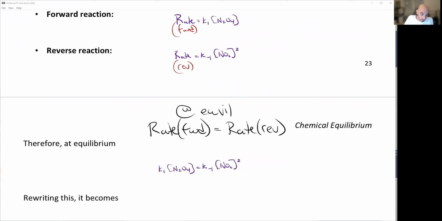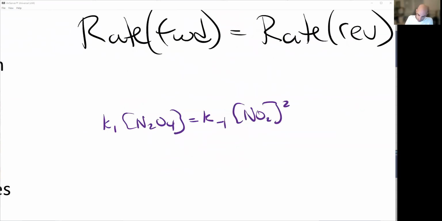So at equilibrium, that happens to be true. K1 is equal to, in fact, let me just change these. It's no longer K1. We could say Kf, forward, is equal to K minus 1, which happens to be Kr, of the reverse. Okay.